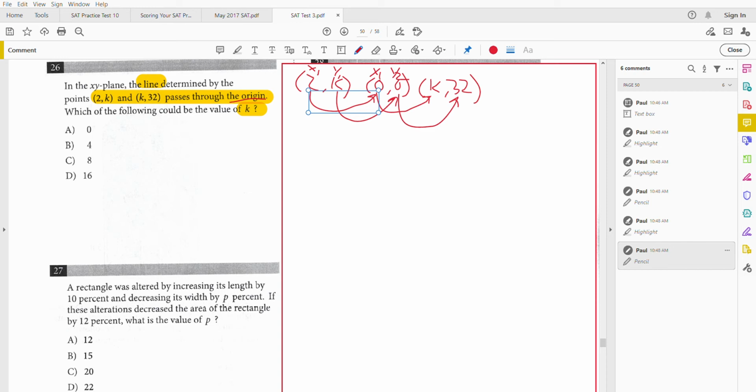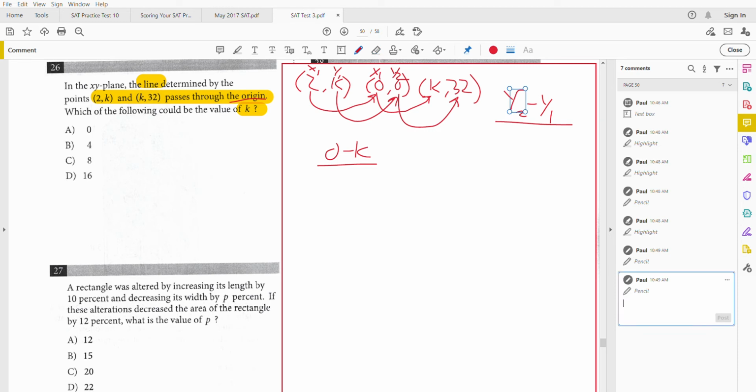And so now we have 0 minus k over, and remember this is the formula, y2 minus y1 over, and that's a y, not an x, over x2 minus x1, and that's your slope. So we have 0 minus k over 0 minus 2, and a negative over negative is a positive. So you get k over 2 as your slope here.